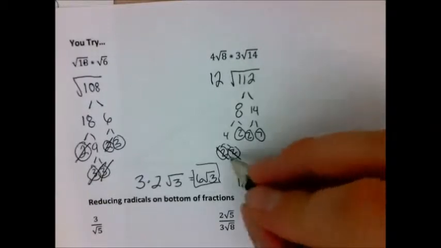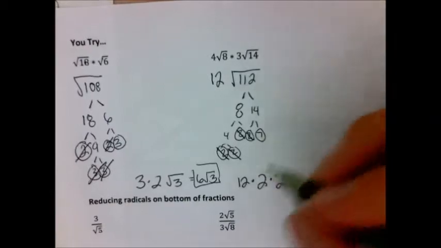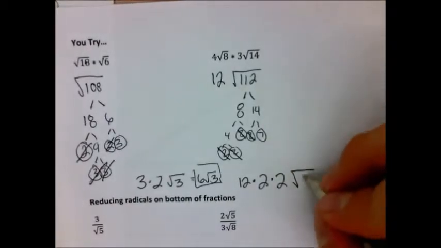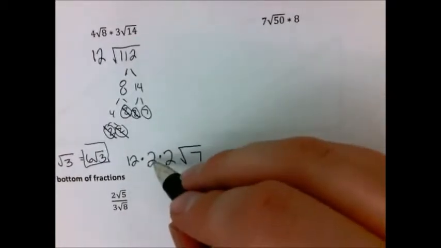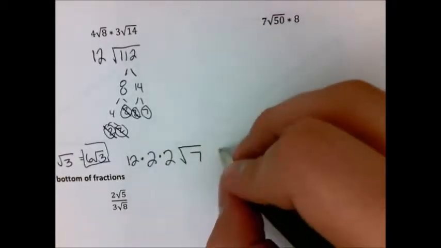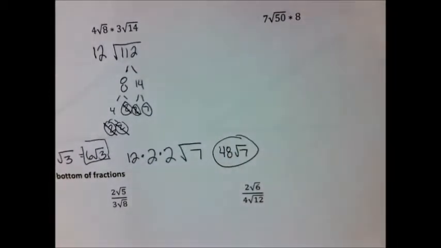We're going to multiply it by the first pair, and we're going to multiply it by the second pair. 7 doesn't have anything, goes back home. So 12 times 2 is 24, times 2 is going to be 48, square root 7. 48 square root 7.